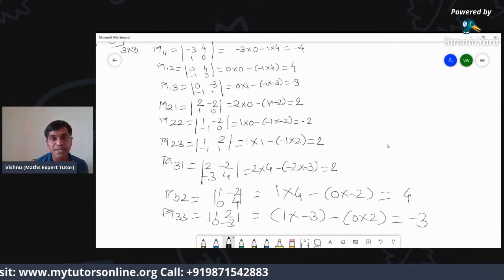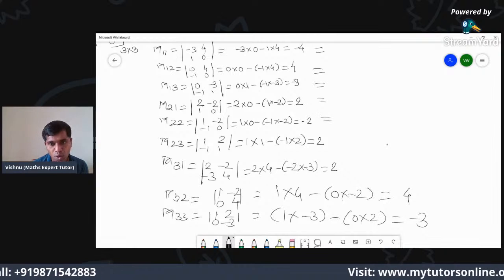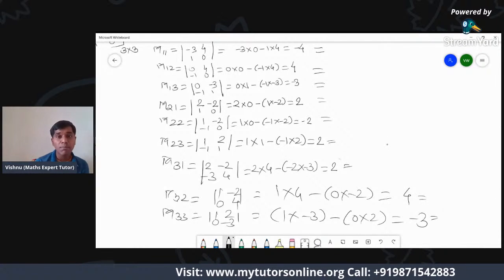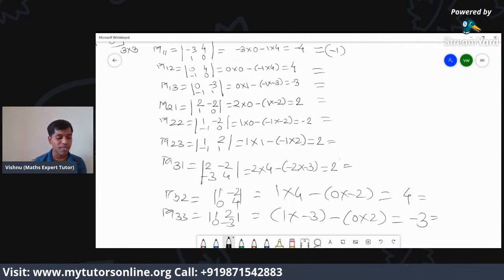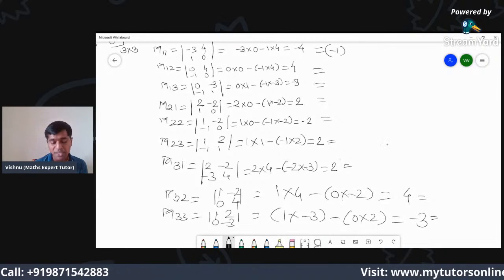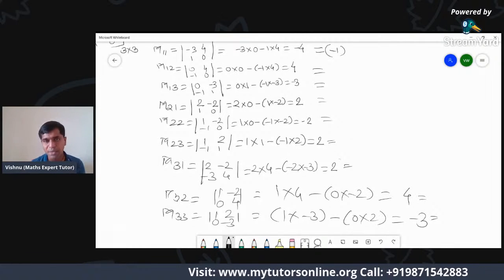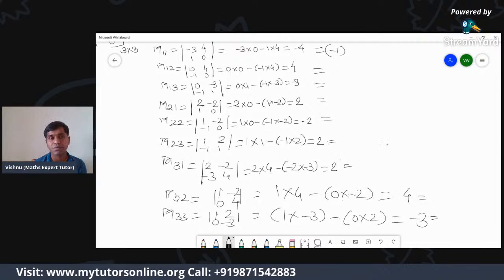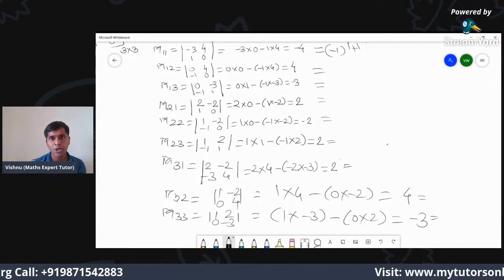What is cofactor? I am simultaneously teaching you what is cofactor. Cofactor is minus 1 to the power of i plus j. M into n is the order of matrix, but i is the number of the row, ith row, and j the jth column. So 1 plus 1 into minus 4.